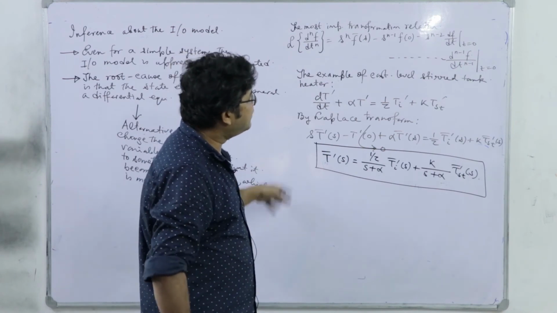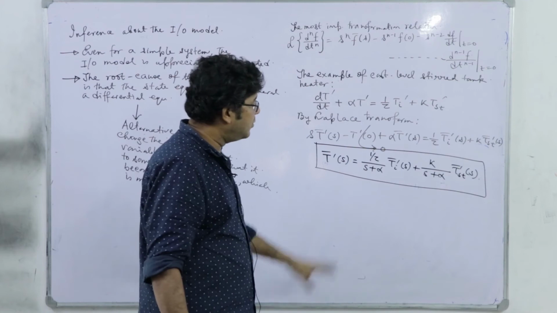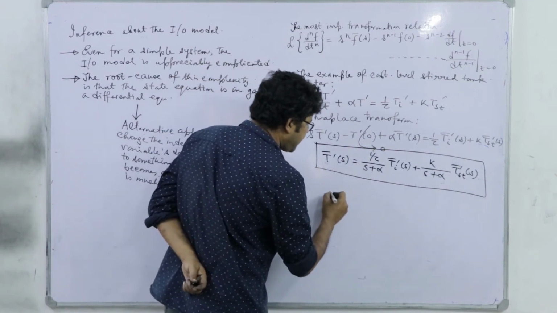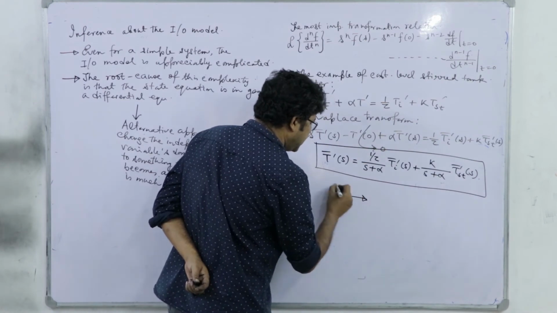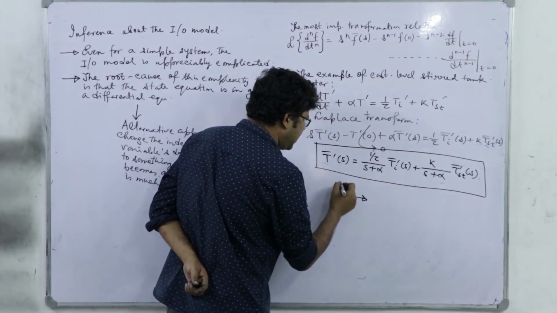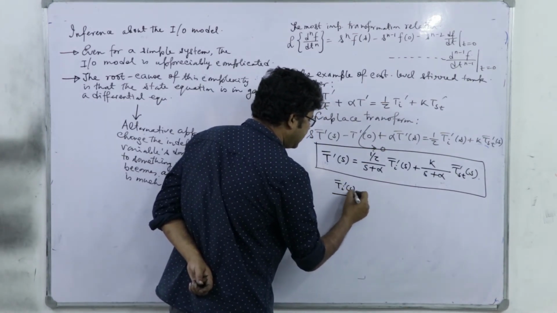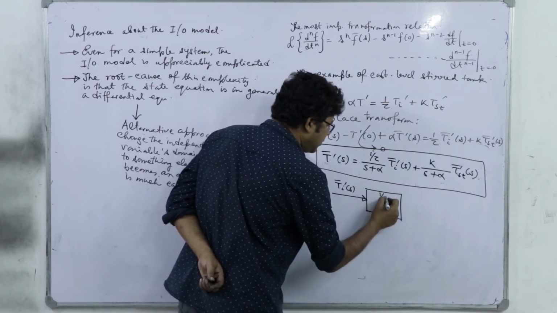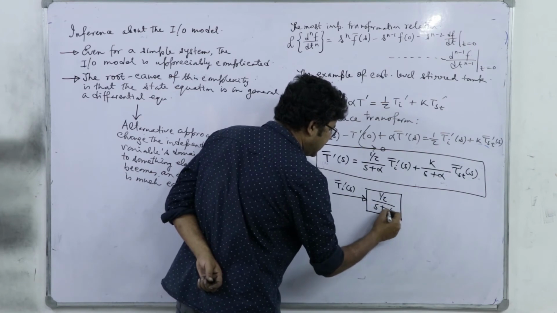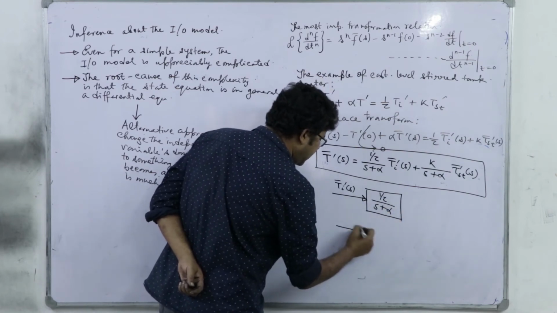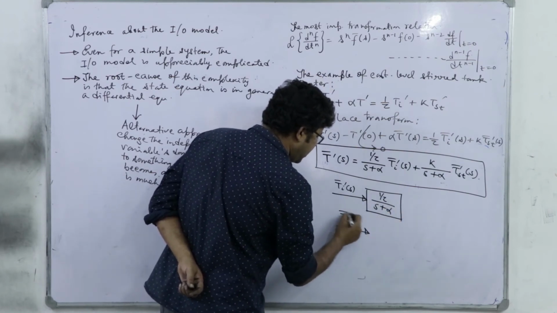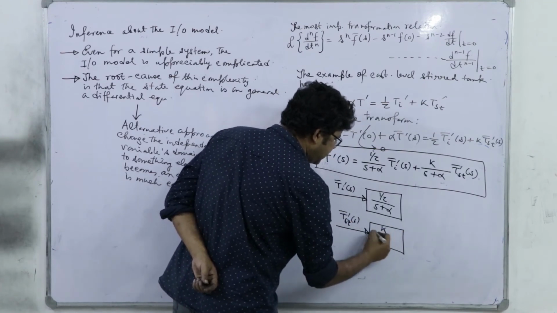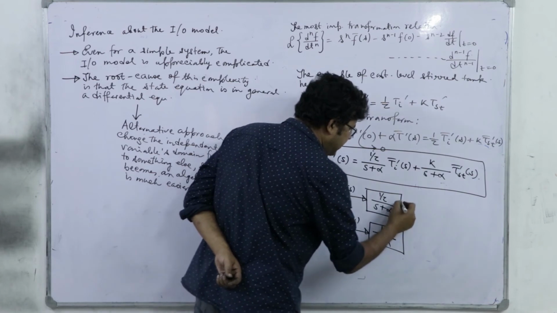So instead of the time domain, if we switch to the Laplace domain, it's pretty simple, and we can write that here we have Ti' bar(s), with 1 by (tau s plus alpha), and Tst' bar(s), with K divided by (s plus alpha).